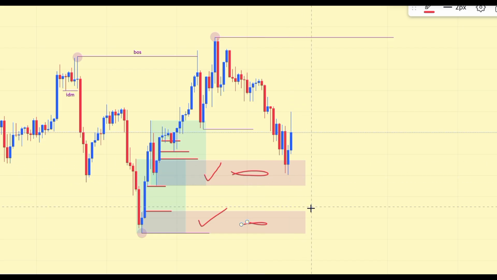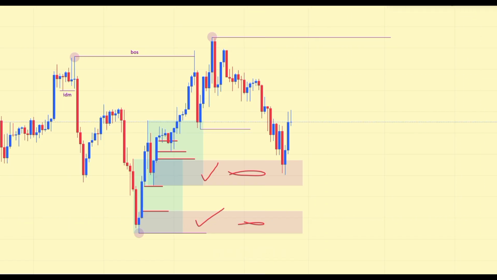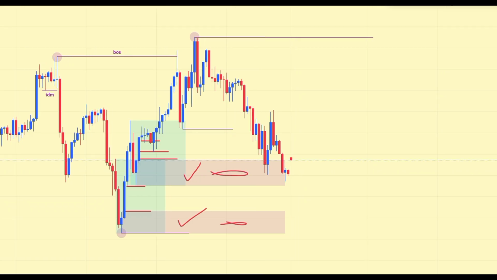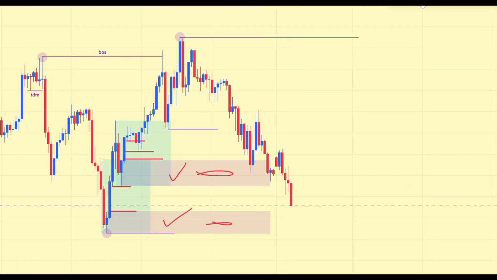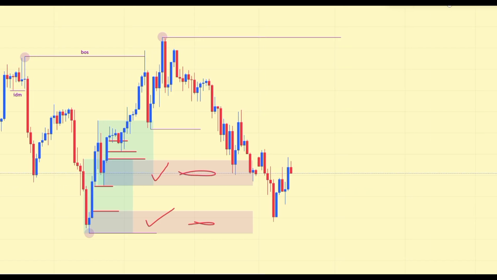All right, then after that, this one here is the highest probability. So if price fails the decisional order block, we will now be left with the extreme order block to take the trade from. Right here, price failed the decisional order block and mitigated the extreme.